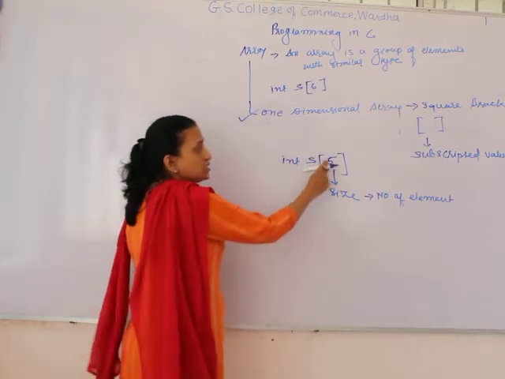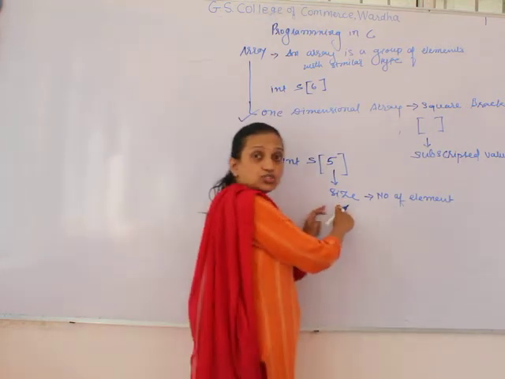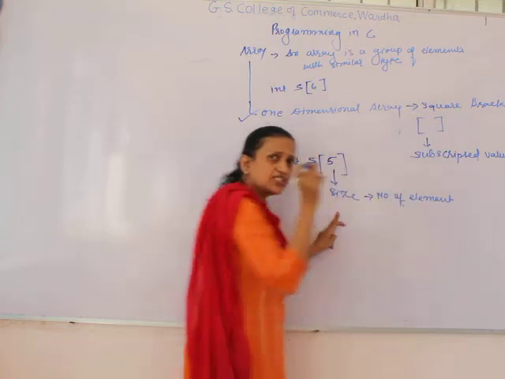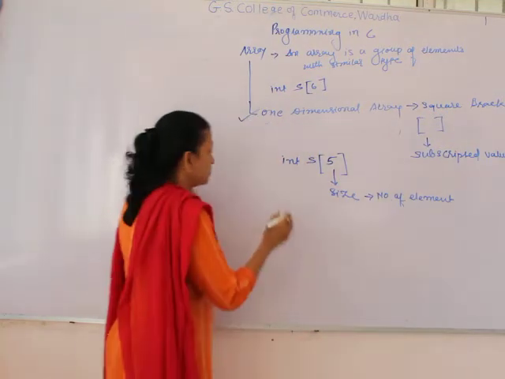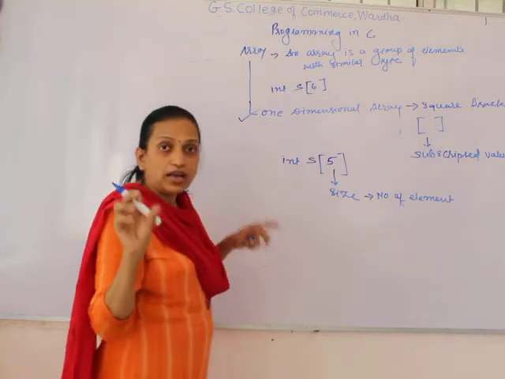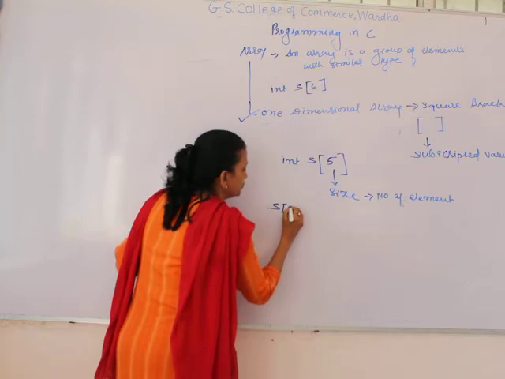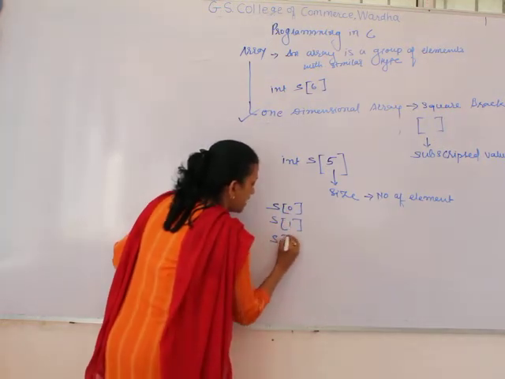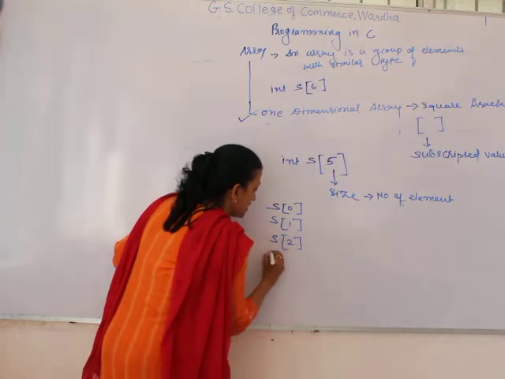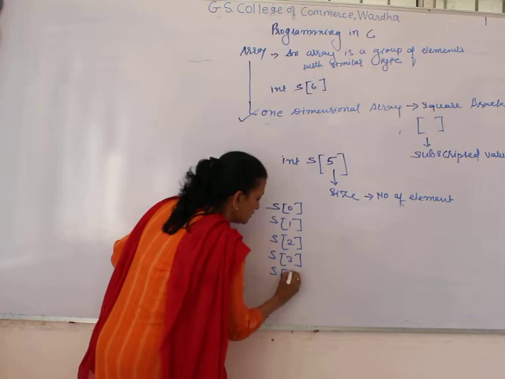See, this is the size of your array which is used to store the elements, meaning a single value is known as an element of your array. So here how will the values be stored? That means as 0, as 1, as 2, as 3, as 4.